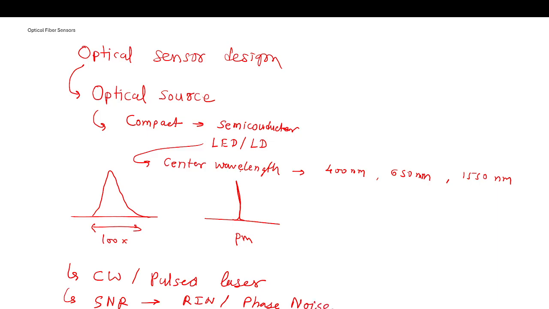One more thing is coherency. If you are using a laser diode, it will have spatial and temporal coherence. You can monitor it or change it according to your application, whether you want temporal and spatial coherence both, or either.